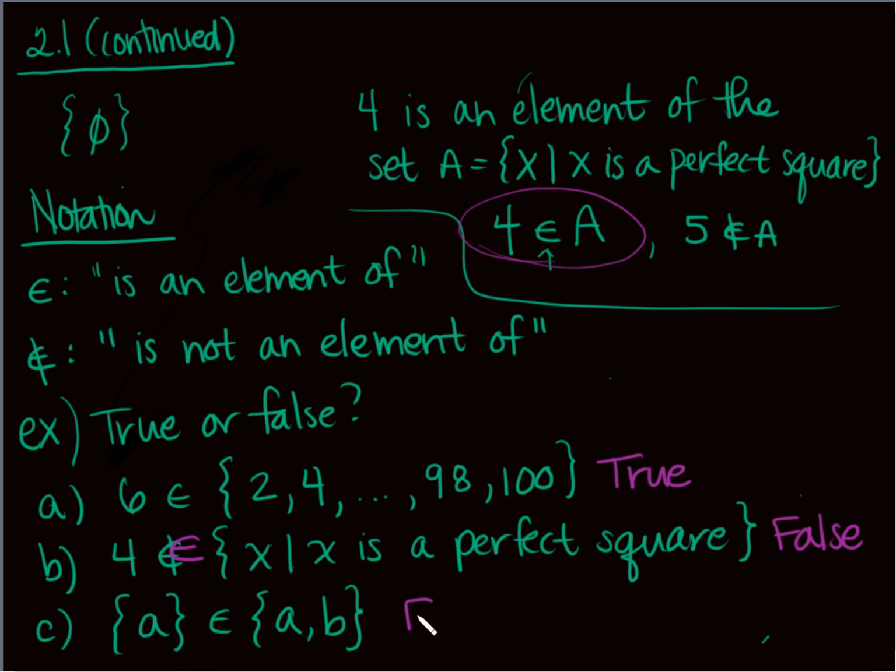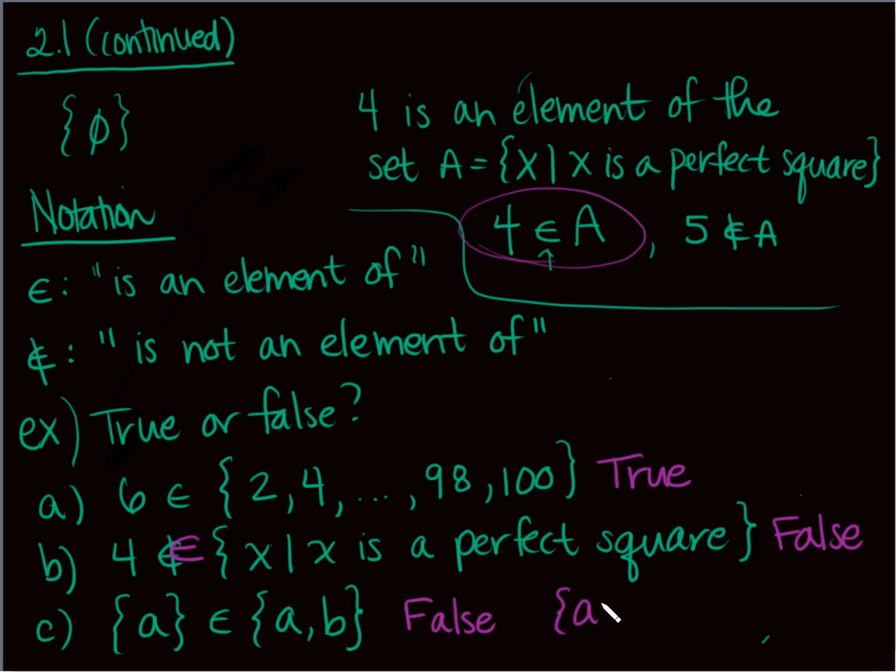And then this one is really tricky. This one actually is false. Look at what it's saying: the set A is an element of the set {A, B}. That's not true, because this is not just saying A, it's saying the set that has A in it. I know that's weird. Where would this be true?